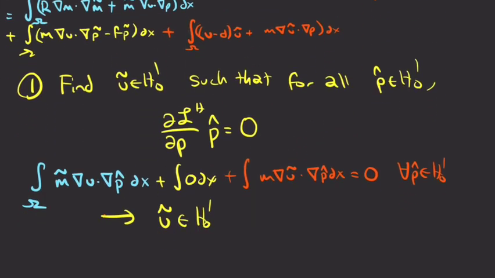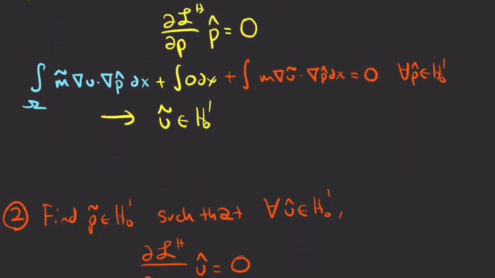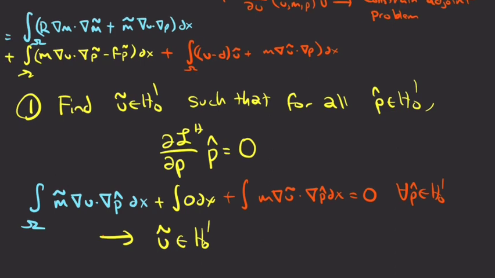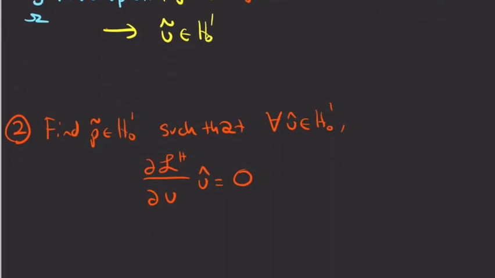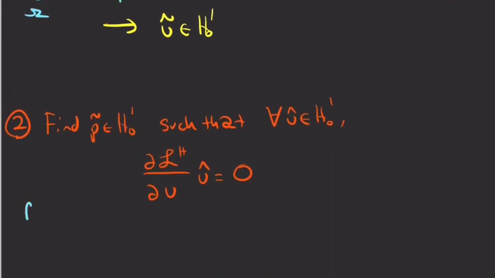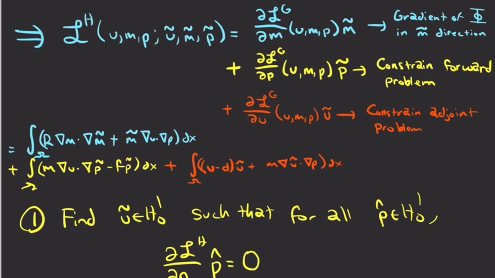So now let's compute the partial with respect to u. Again, the same color coding as above. Del u hat dot del p.